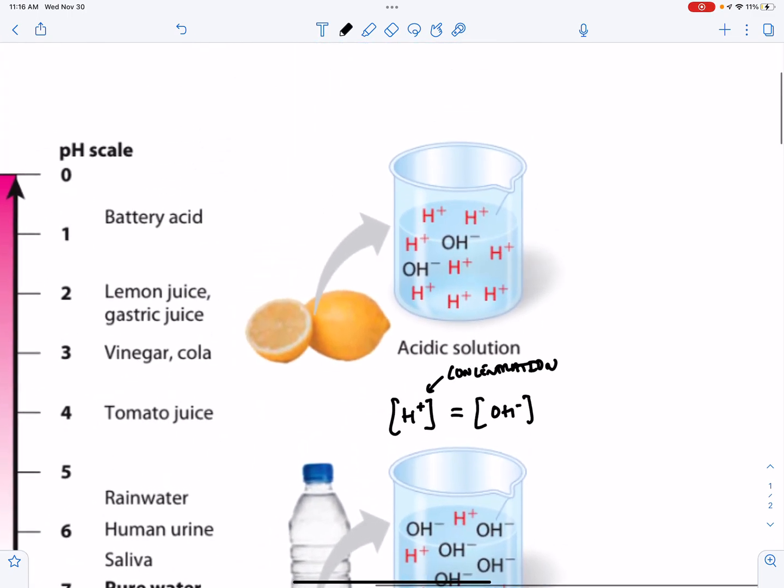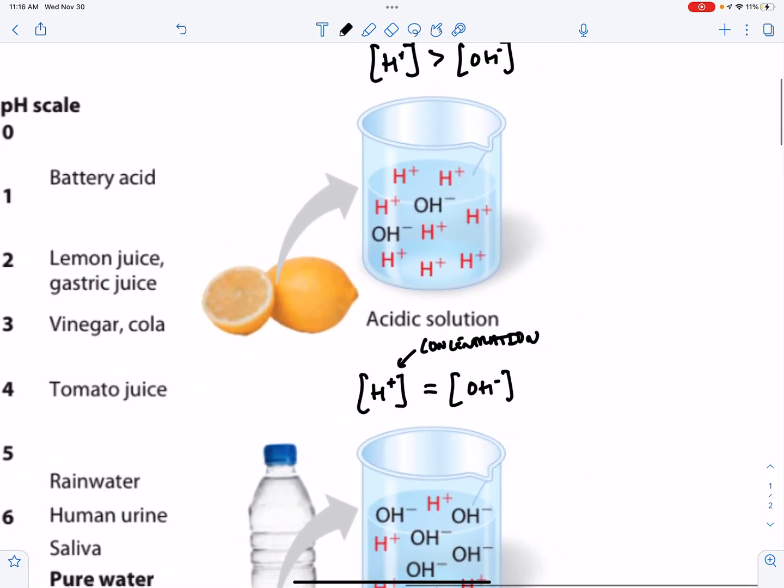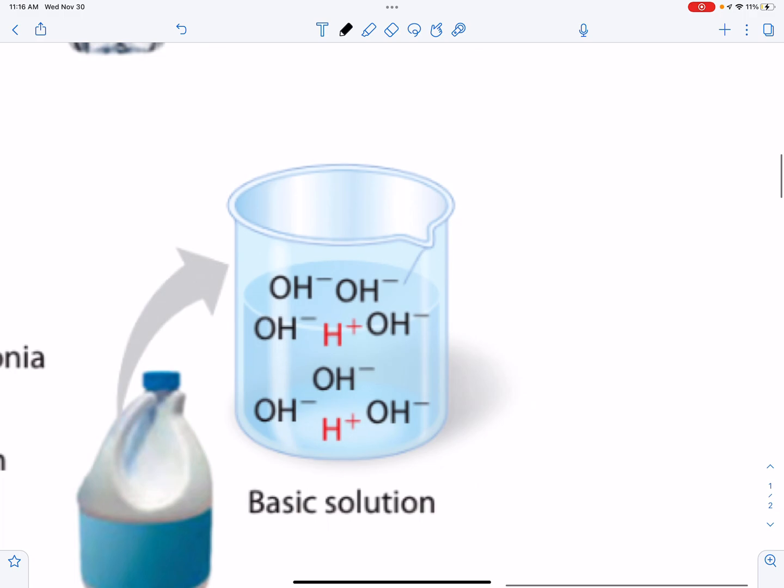In an acidic solution, the concentration of H+ is going to be greater than the concentration of OH-. And in a basic solution, the concentration of H+, yes, you guessed it, is less than the concentration of OH-.